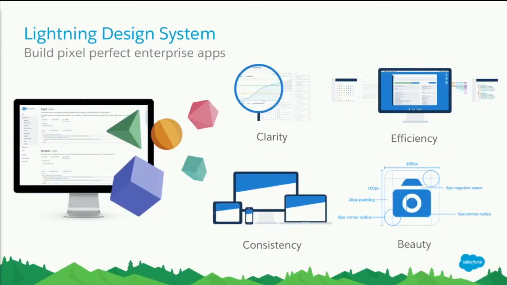Now, the Lightning Design System is actually a collection, a set of UI components, assets like fonts and images, but also UX patterns, so that when you extend the application, it looks consistent with the rest of the experience.